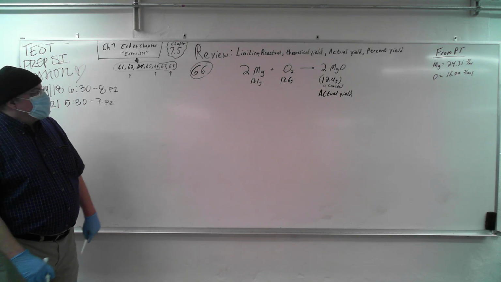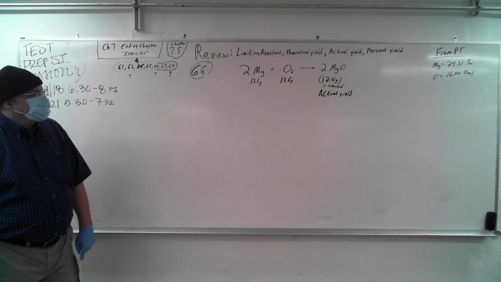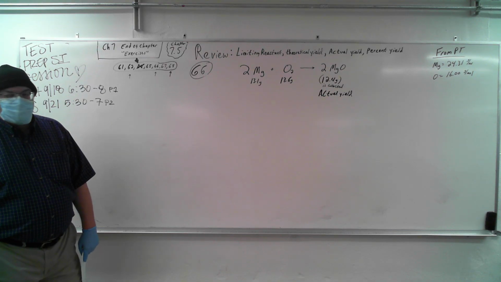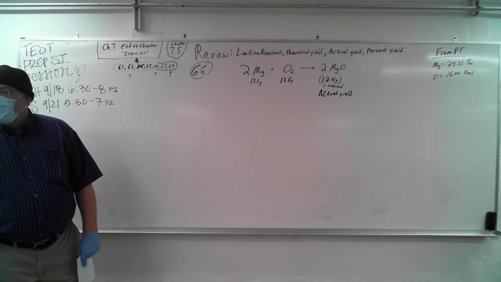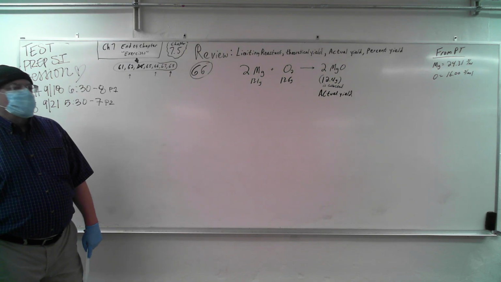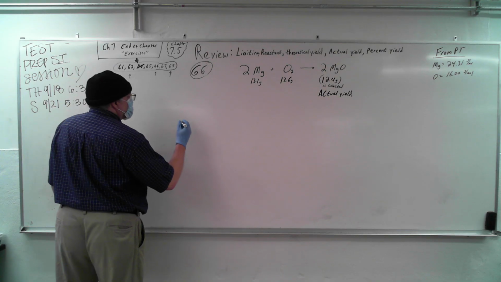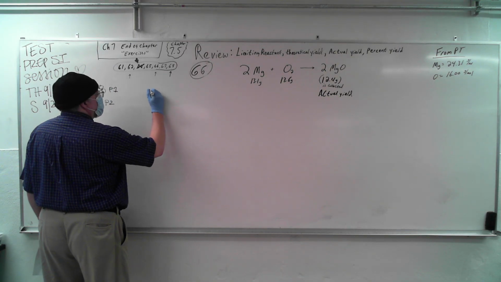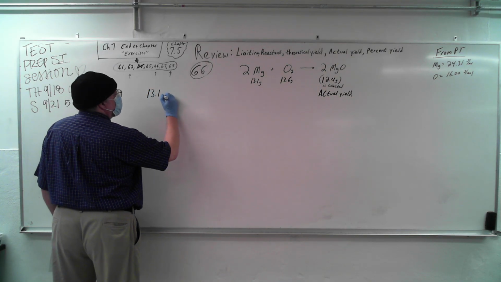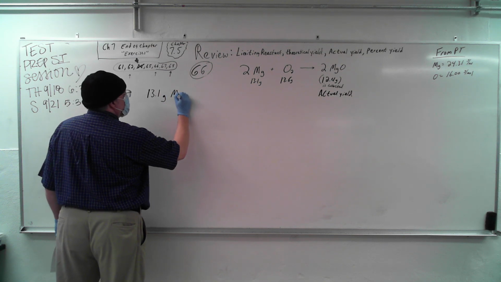All right, so at the beginning, we have to find the limiting reactant. So what do we do? Pick whichever one. I always just pick the first one. Doesn't matter which one you pick, but I'm going to go 13.1 grams Mg.